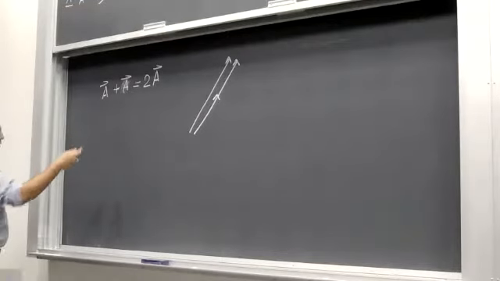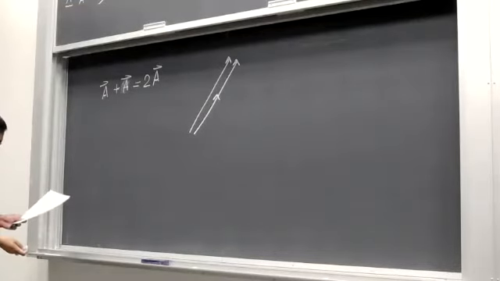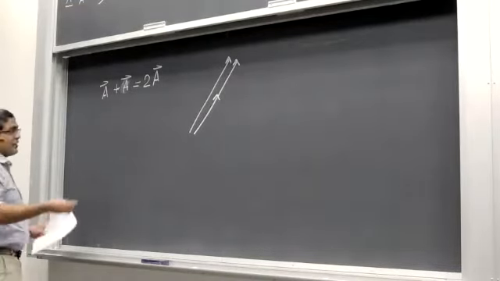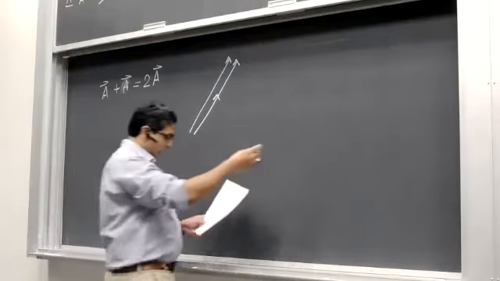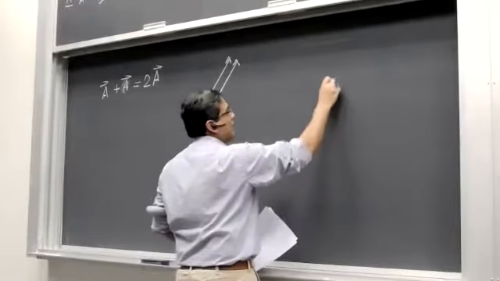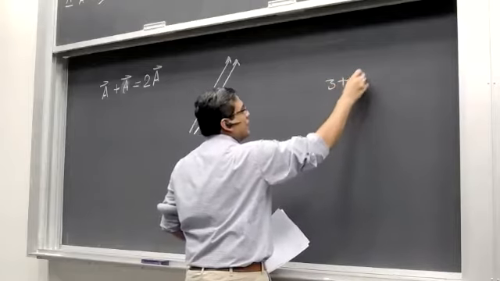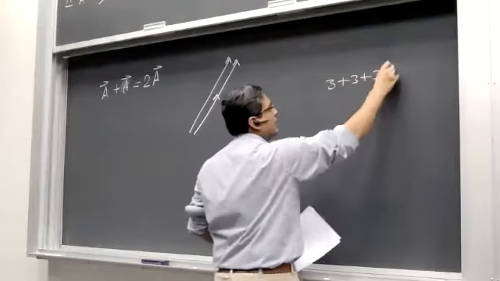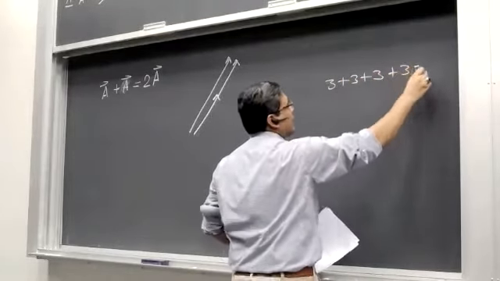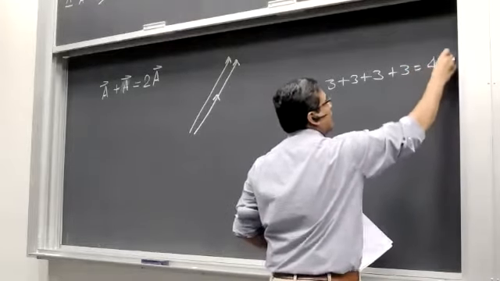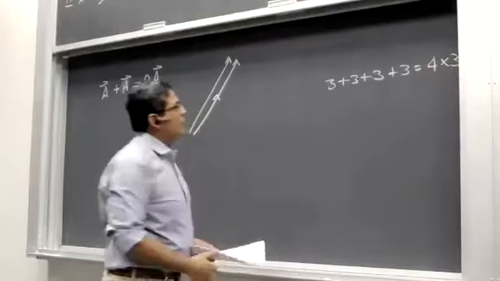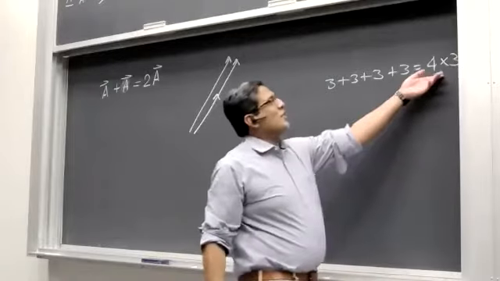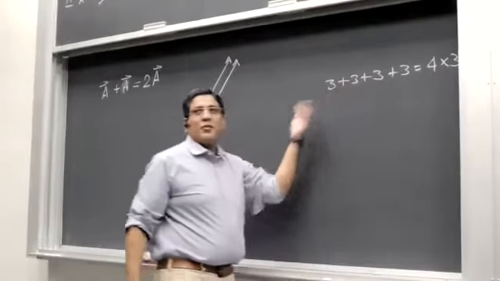So this is if you add a vector to itself. Now, in simple arithmetic, if we have 3 plus 3 plus 3 plus 3, we can always write it as 4 times 3, right? So multiplication is nothing but a short form of addition.